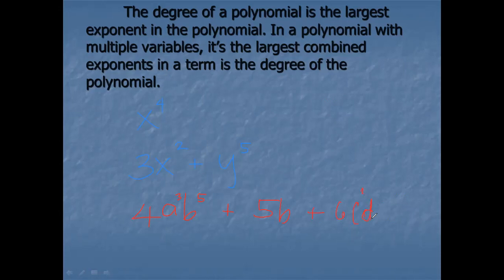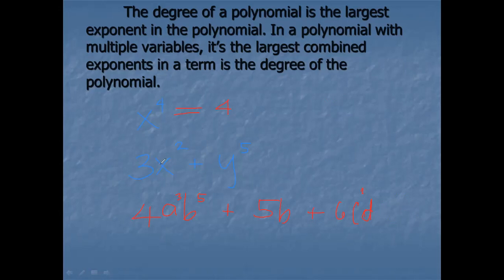In every term you have a power, and the biggest power or exponent determines the degree. Just like here, x to the power of 4. The degree is 4 because that is the only one, so the highest power.